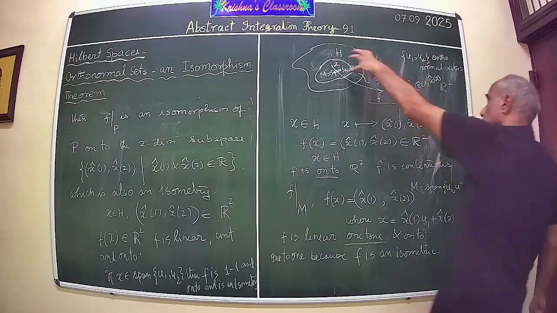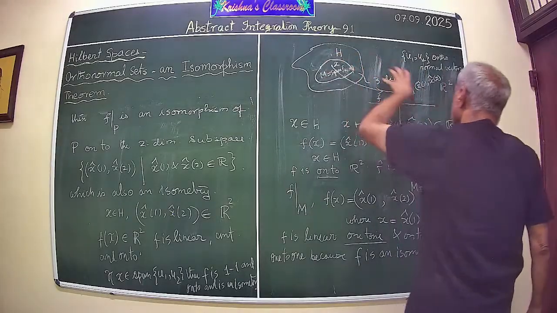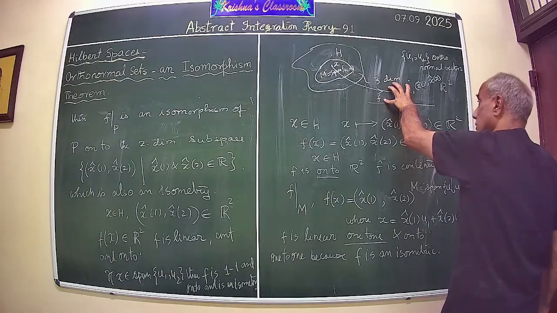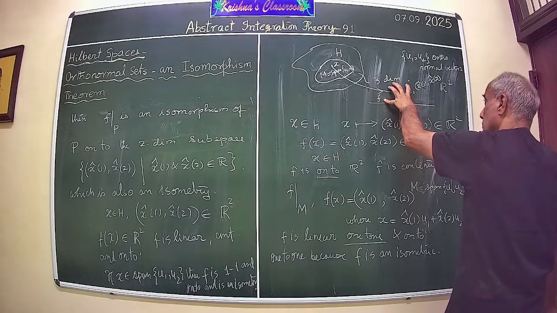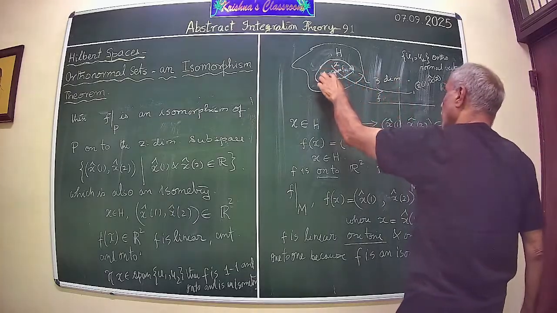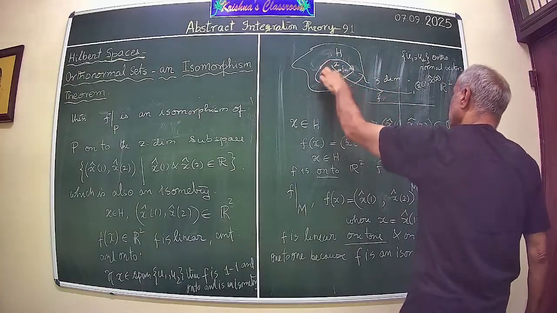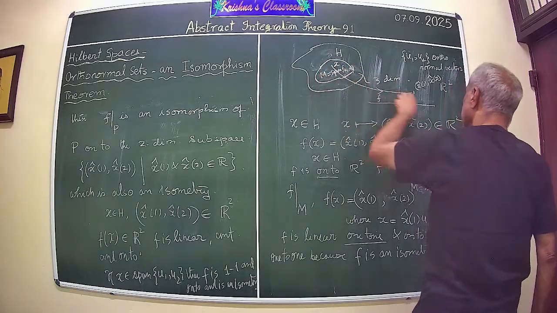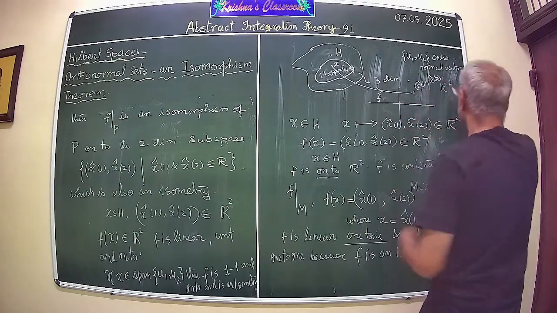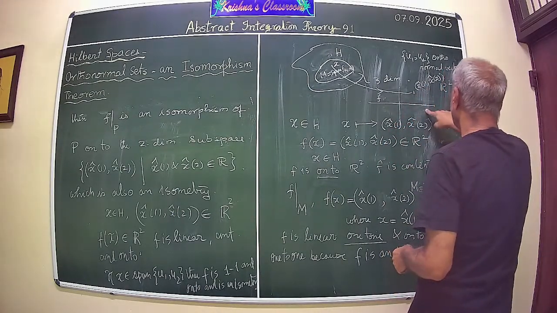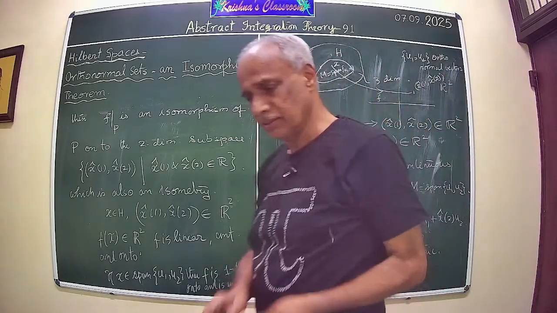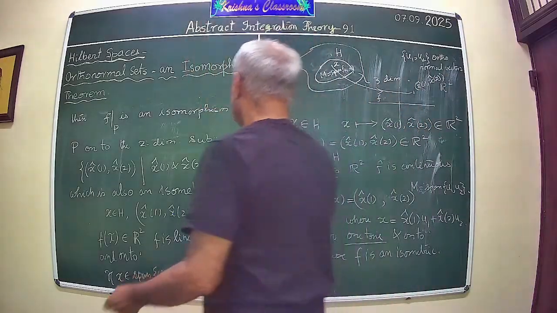You see that the whole of M will get mapped onto this two-dimensional space. It's an onto map. And also it is one-to-one because if you take x and y belonging to this, then the distance between x and y is the same as the distance between x hat 1, x hat 2 to y hat 1, y hat 2. Okay, so that is the picture.